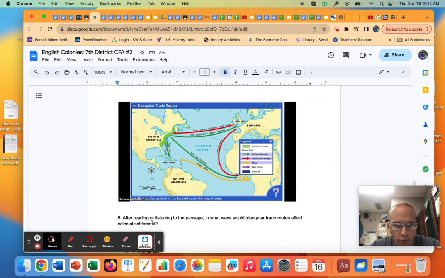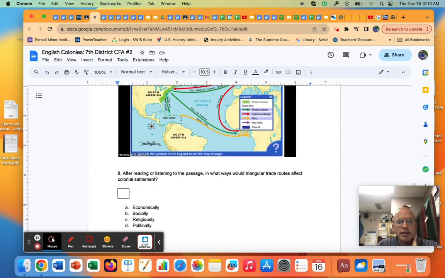Here's number 8. After reading or listening to the passage, in what ways would triangular trade routes affect colonial settlement? All right, so here's the triangular trade routes. Within the arrows, we have the items that are being traded. You go ahead, you take a look at that, and your choices for number A. Did the triangular trade route affect the economy?